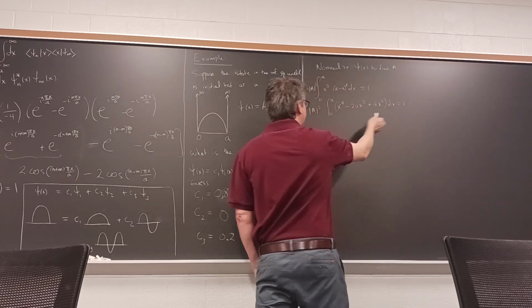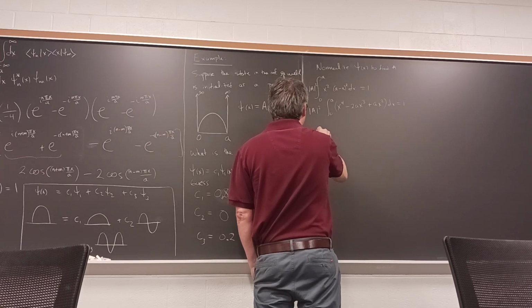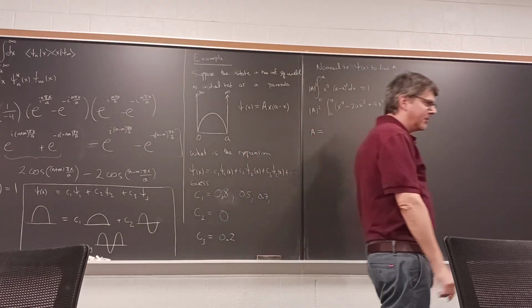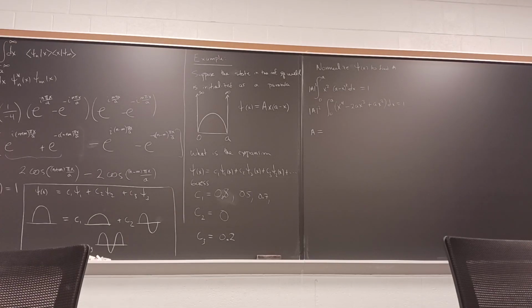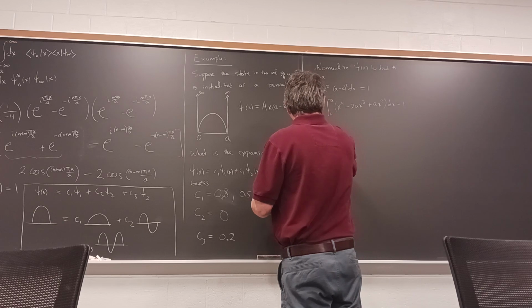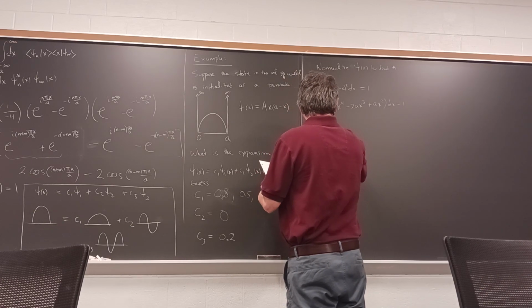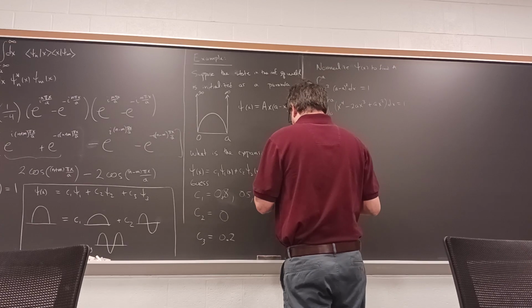So this is just a polynomial, simple. So you'll find that the magnitude of A squared is 30 over a to the 5th.